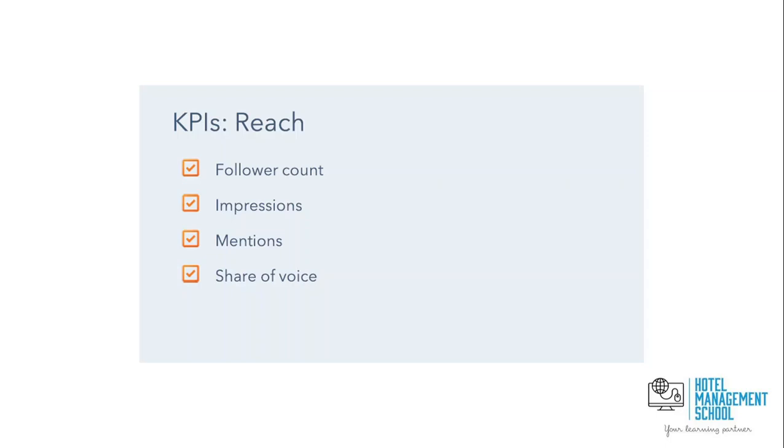If you are targeting your campaign towards people who are not interested, you may not get enough impressions. So that is very important. The more followers you have, the more impressions you will get. The more shares you get, the more impressions you will get. So those are the KPIs for reach and awareness.